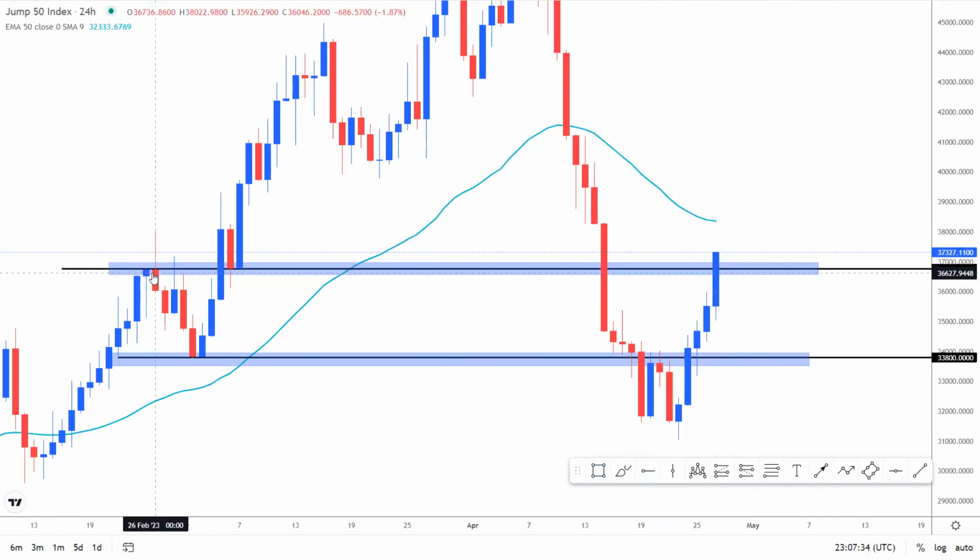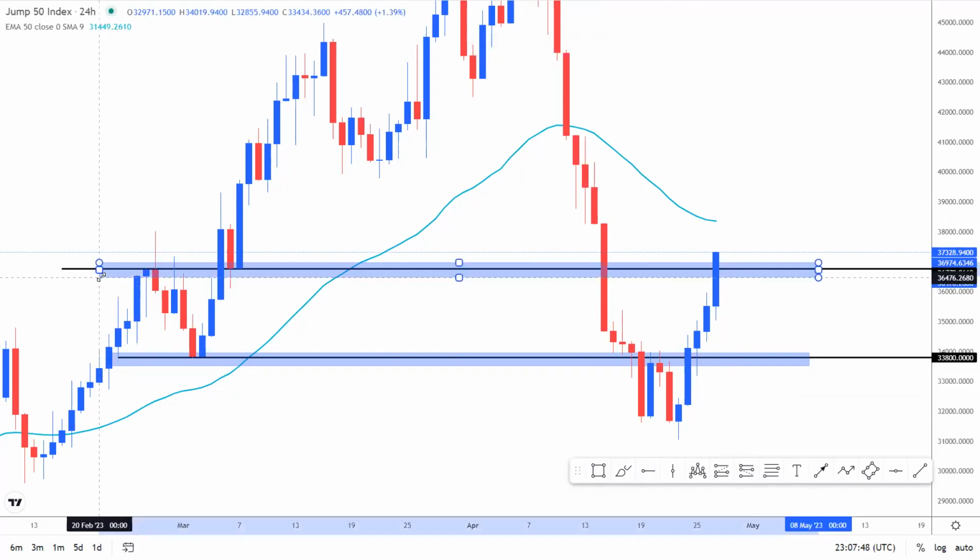As you can see, the level acted here as resistance, and then here as support, and then price clearly broke below the level. So from the daily time frame, that clearly established the directional bias for Jump 50 index. Having broken above this level, we were definitely going to head to this level.